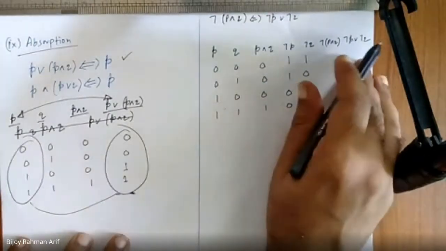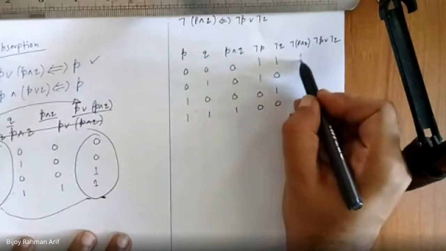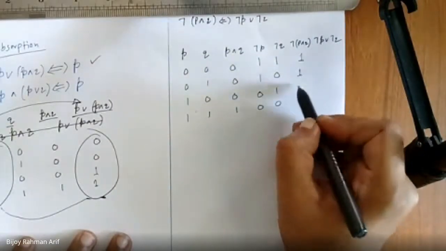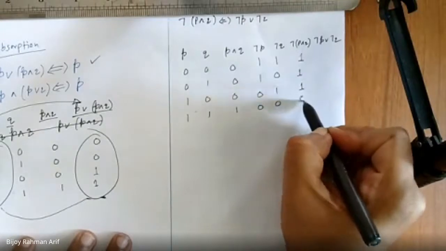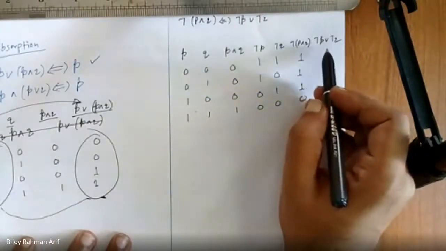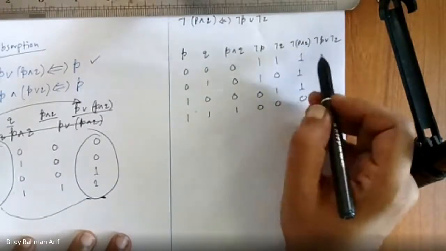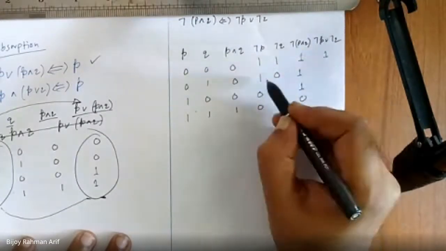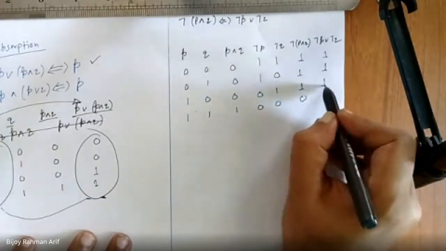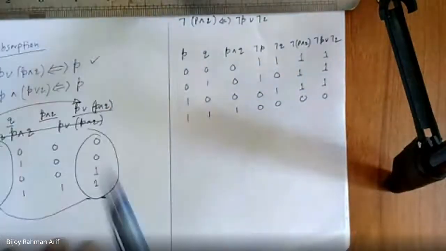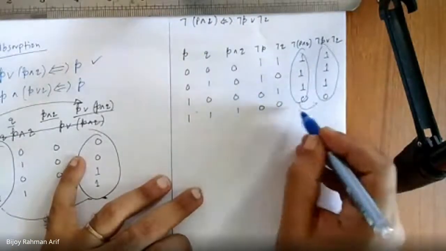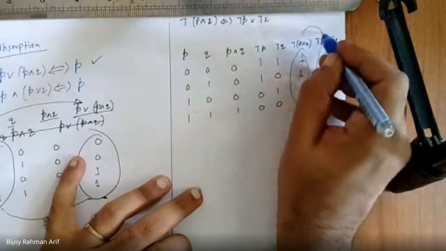What is this? Negation: 0, 1, 1. This one is 1. This one is 0. And what is this? 1, 1, 1, 1, 0, 1, 0, 1, 1, 0. So see, same truth table.